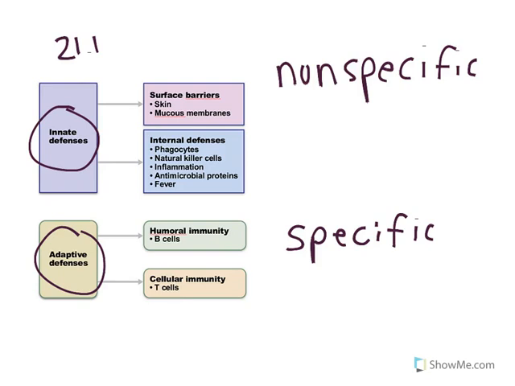And only when we are exposed to that specific antigen can we create immunity towards that. One of the downfalls of the adaptive immune system is that it is time sensitive, so it takes longer, whereas the innate immune system does not really take time.